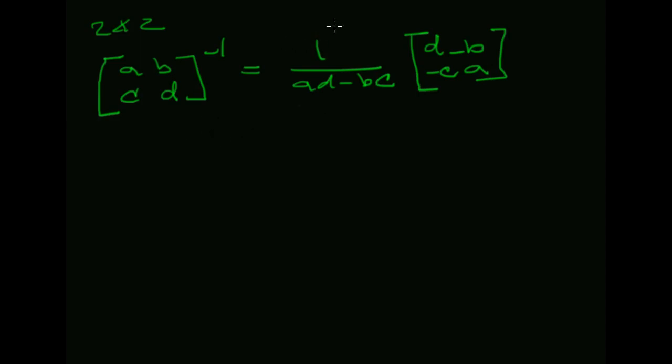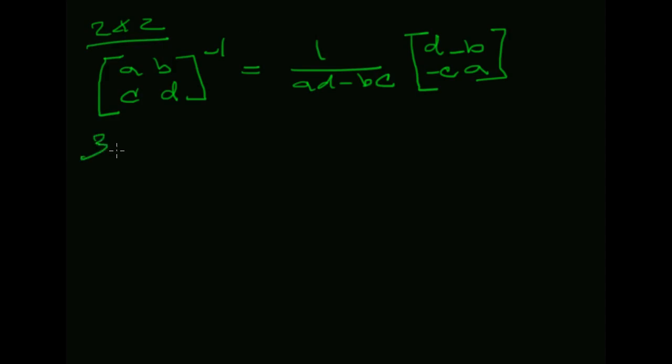Note something's going on here: if ad minus bc is equal to 0, no inverse exists. So that's just a little hint there. There's a way to figure this out.